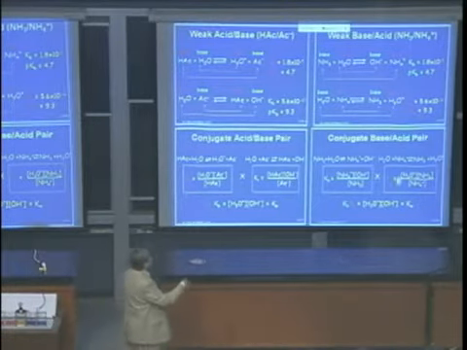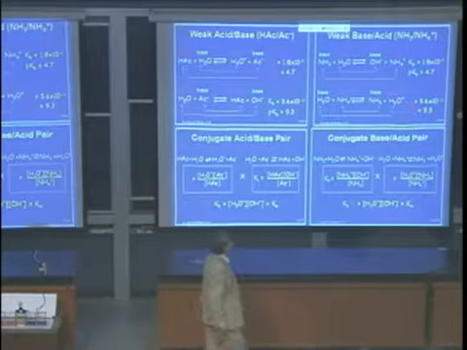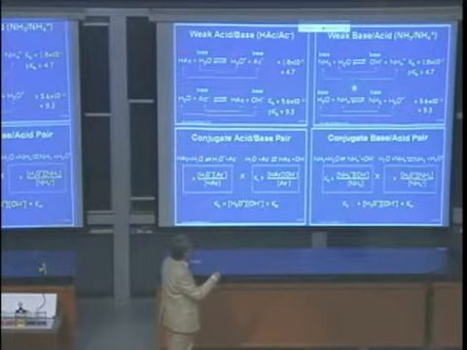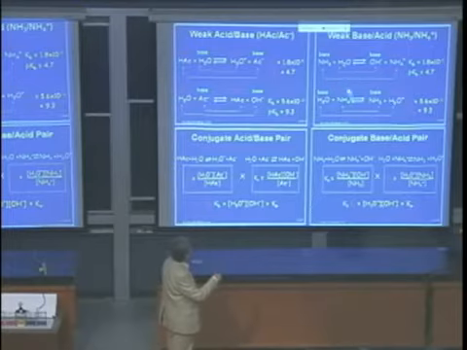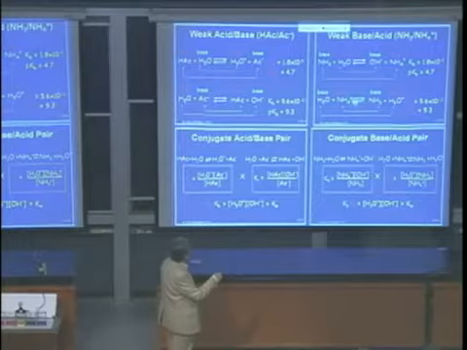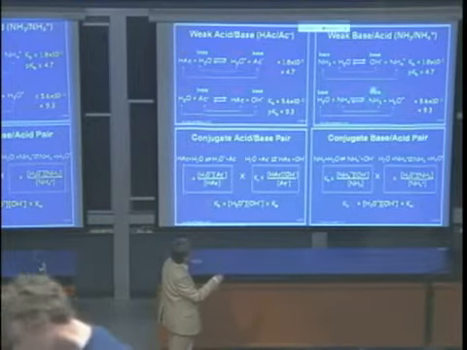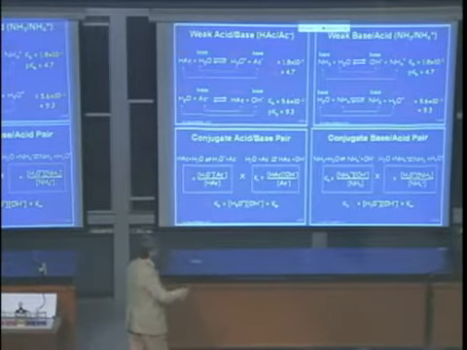The same, of course, you can do the same thing then for a weak base and its conjugate acid. The conjugate acid would be NH4 plus. There's the plus, it sits right here, it's a little bit shifted. NH4 plus reacts with water. Water is a base, so it takes this, forms H3O plus, its conjugate acid, and the acid becomes its conjugate base, NH3. Okay? So what does that mean?